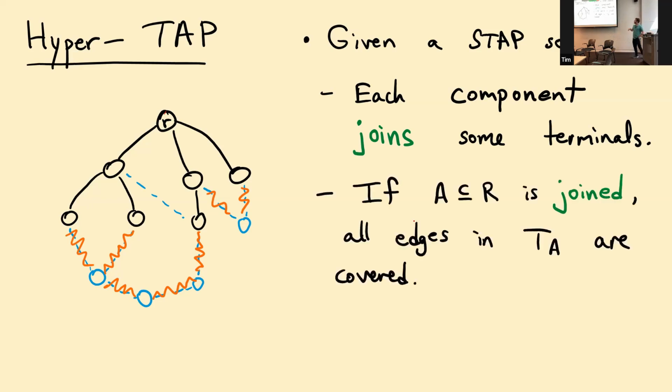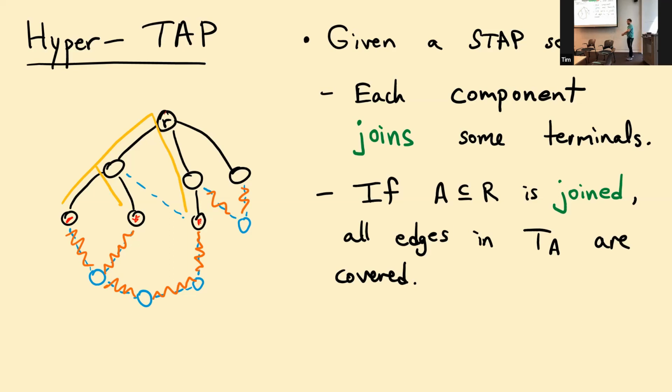And what edges are covered by joining these terminals? This orange piece joins these three terminals, and all of the edges in the subtree rooted at the least common ancestor of those terminals that I joined are covered by joining that set. So by adding that orange piece, you cover that entire subtree.